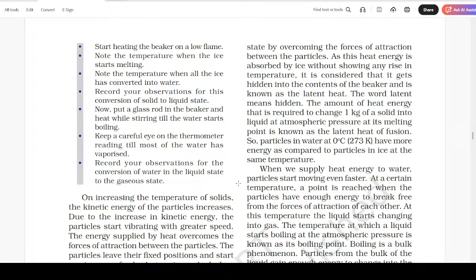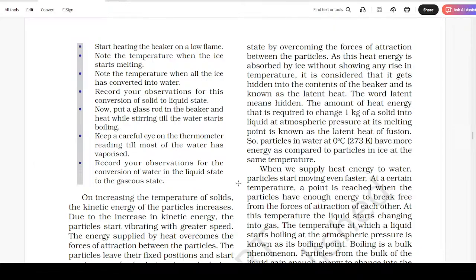As this heat energy is absorbed by ice without showing any rise in the temperature, it is considered that it gets hidden into the contents of the beaker and is known as the latent heat. The word latent means hidden. The amount of heat energy that is required to change 1 kg of a solid into a liquid at atmospheric pressure at its melting point is known as the latent heat of fusion.